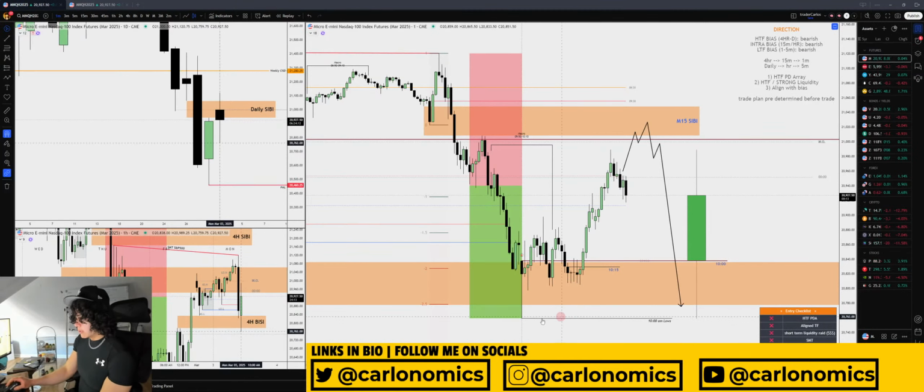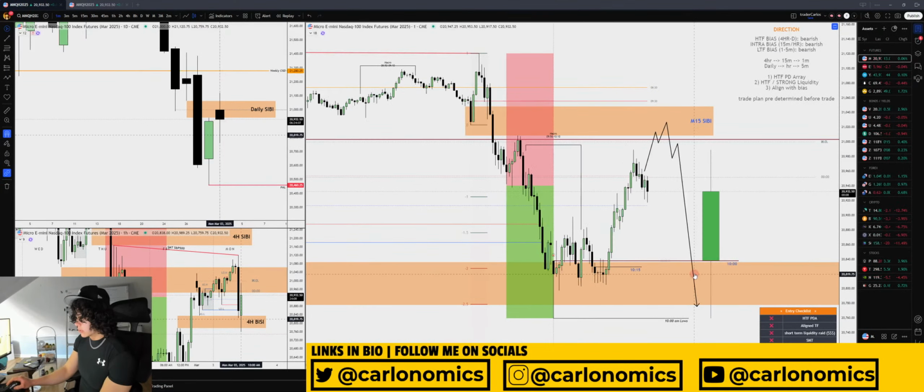I want to see if we can keep these lows protected, see if we get a setup up here and look for shorts.